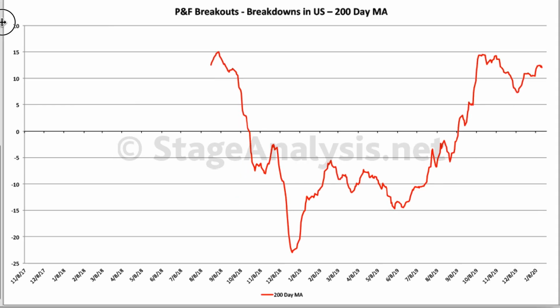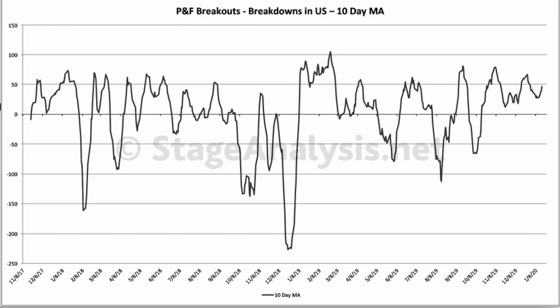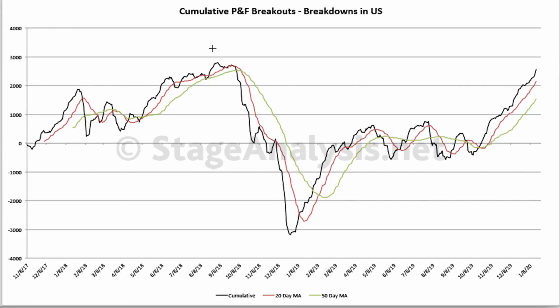Next, let's have a look at the cumulative point and figure breakouts minus breakdowns in the US market. This broke out above its summer range in October time and has been running strongly above its 20 and 50-day moving averages. We're getting back to the 2018 levels now.